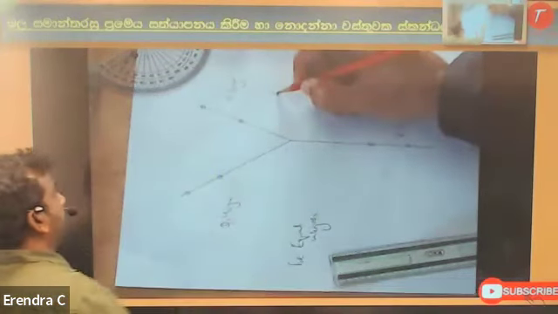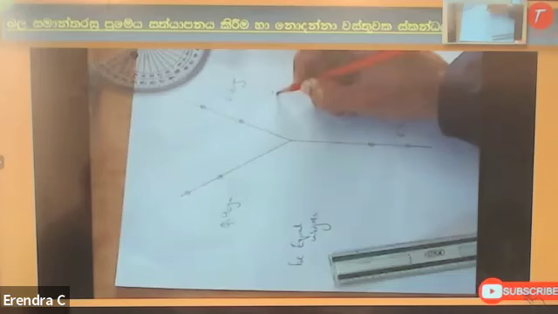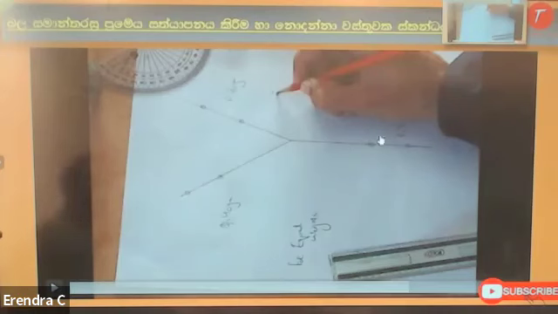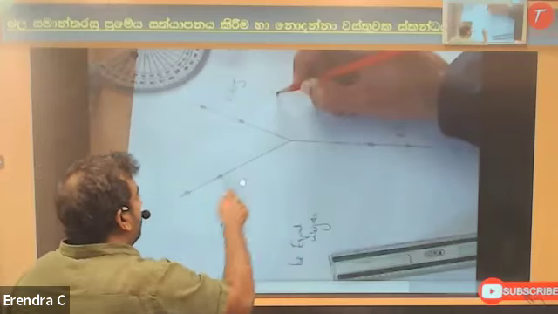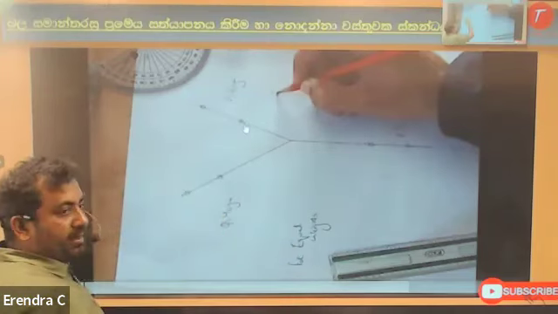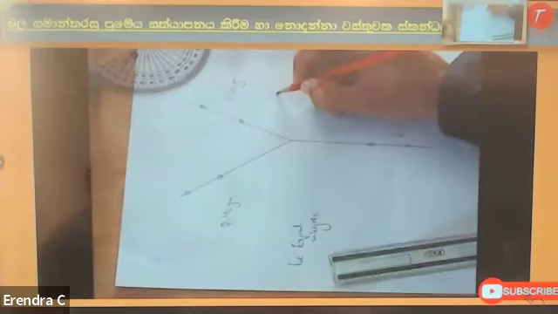These also 40 gram. I think both side weights are same. 40 gram, 40 gram. So if I use a scale of 1 centimeter for 10 gram, it's 4 centimeter here, 4 centimeter there. That was the scale used. Okay.